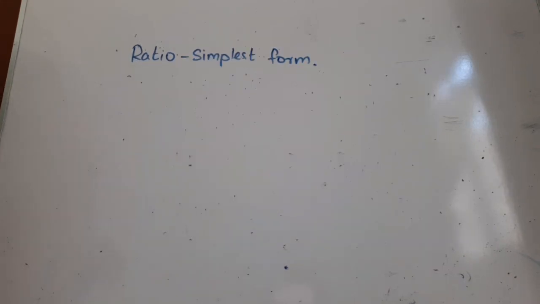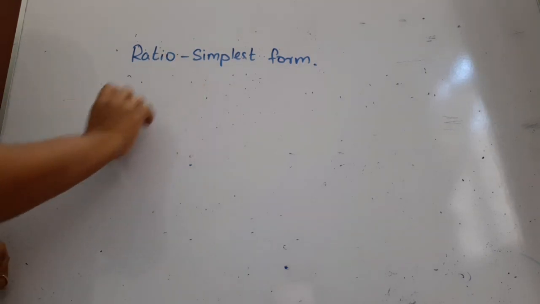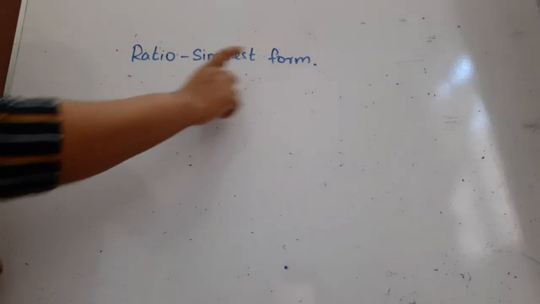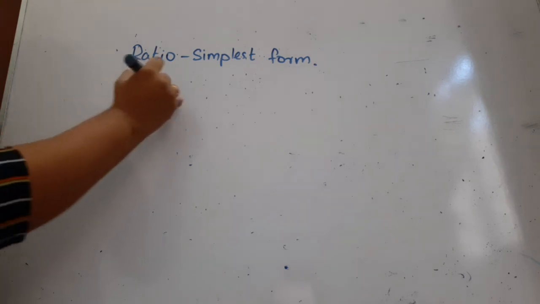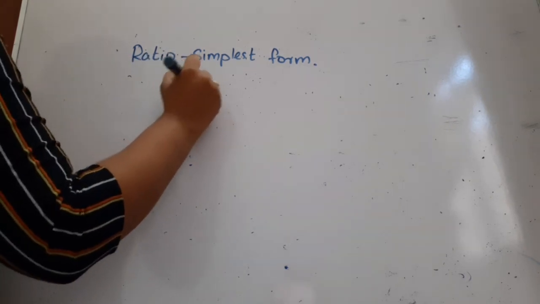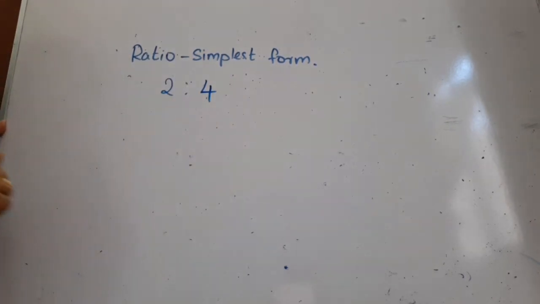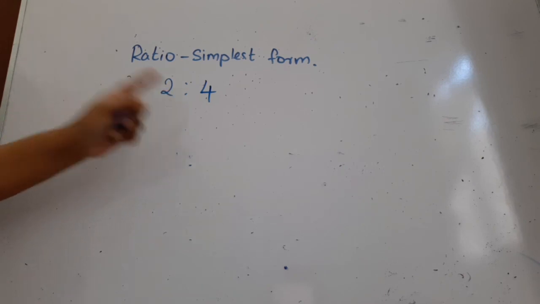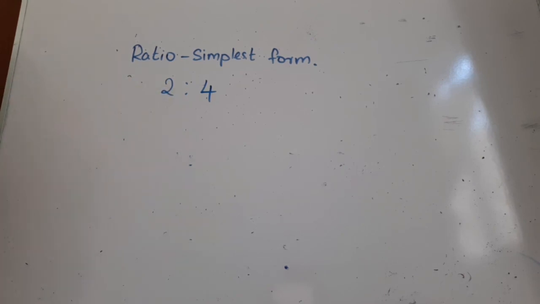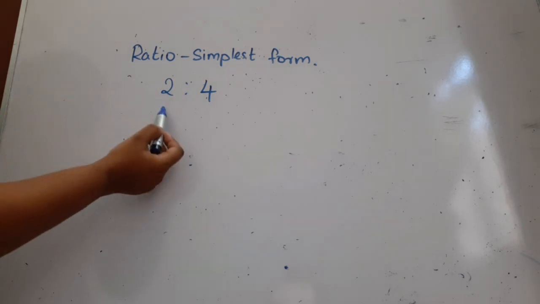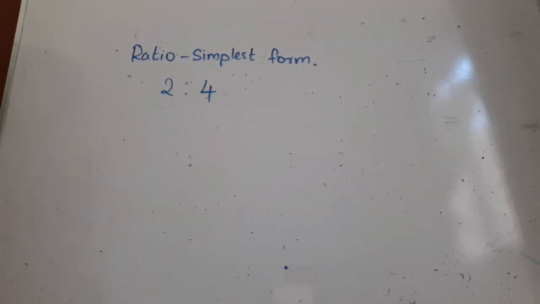The third topic of today's lesson will be writing the ratio in its simplest form. Let's take the example 2 to 4. As you can see here, first you need to check what is the number which can divide both numbers 2 and 4 without a remainder. That means without making it a decimal number.